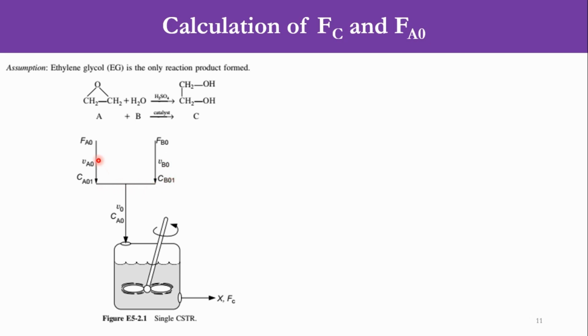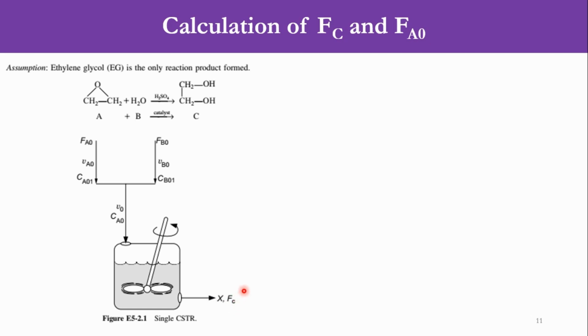These two combine, where A represents ethylene oxide and B represents water. These are fed to this CSTR with volumetric flow rate V naught and concentration CA naught. Once the reaction takes place, we get FC.